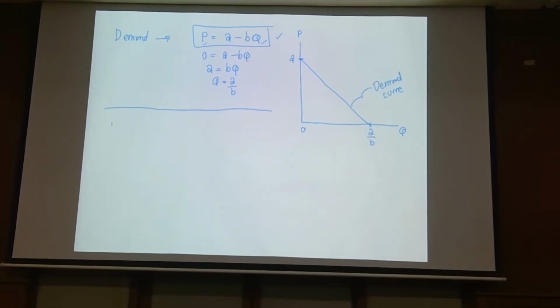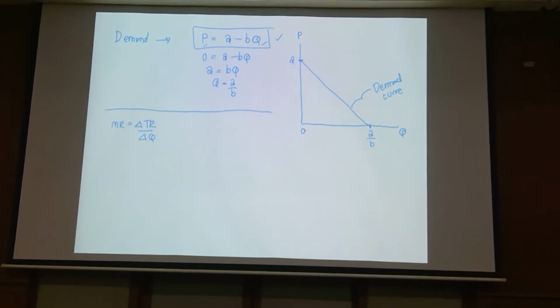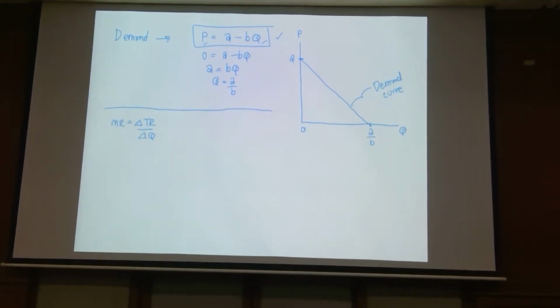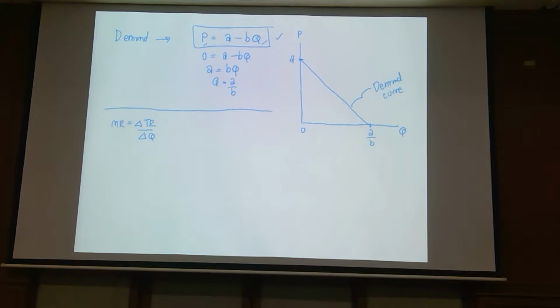So we know that marginal revenue is the change in total revenue over the change in quantity, right? It is the extra revenue earned as a result of selling an extra unit. So how do we get the marginal revenue? You have to know how to get the total revenue first.